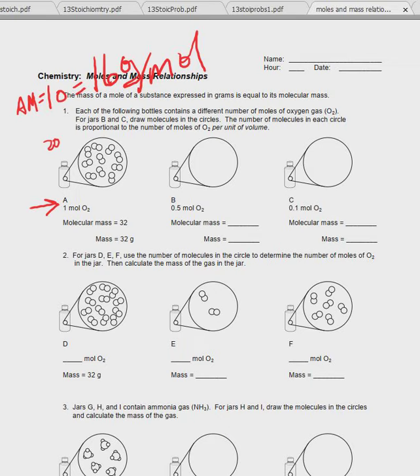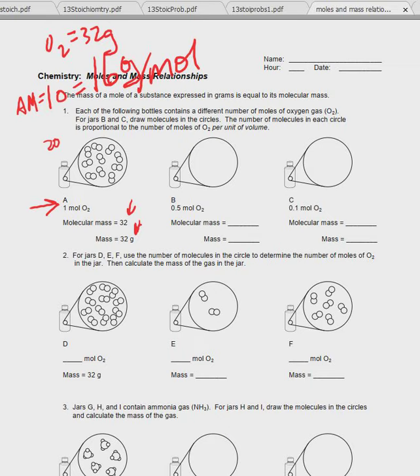But in O2, we have 32 grams per mole. So that's where we get 32 grams, because the molecular mass of O2 equals 32 grams. That's for 1 mole of oxygen.